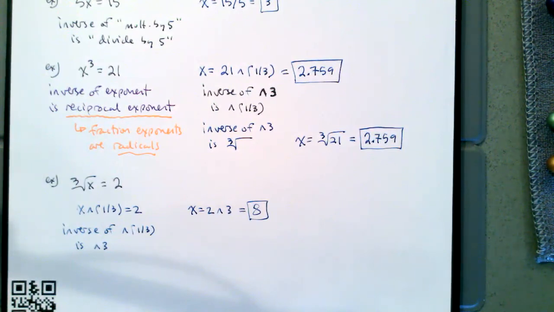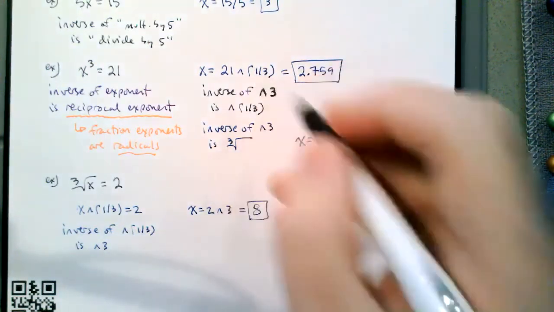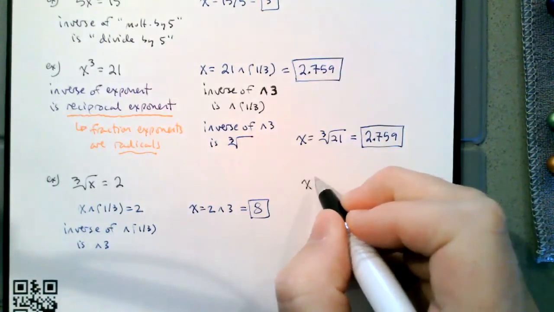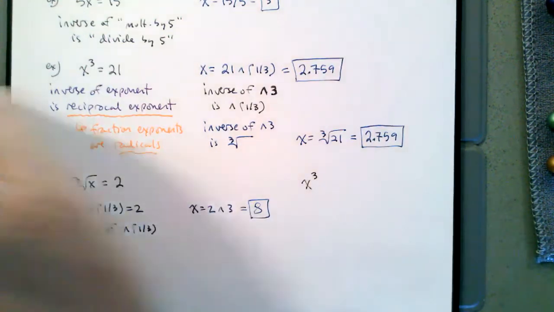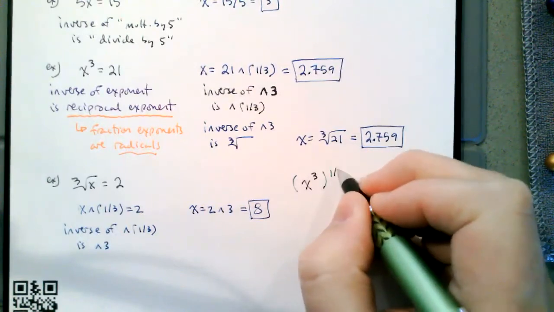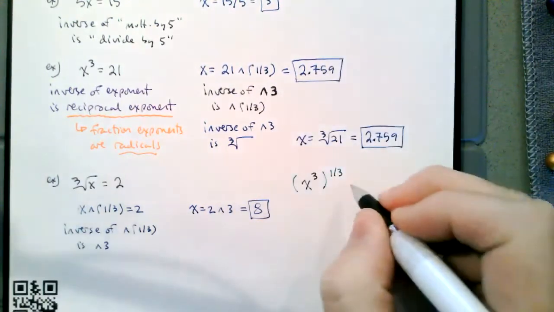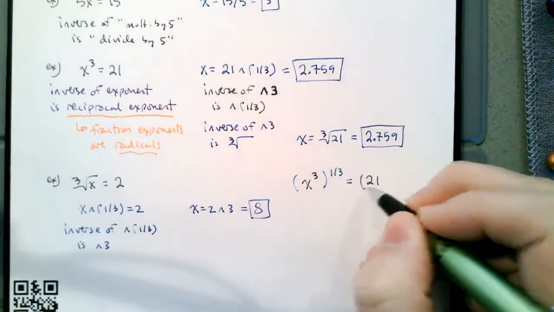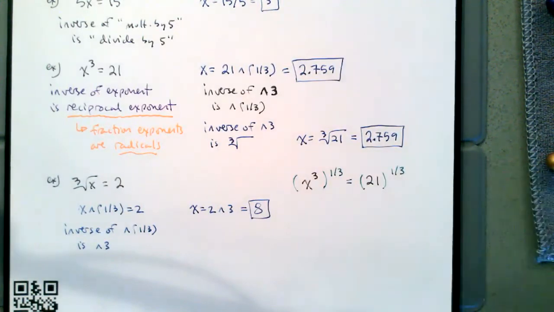For those of you still on the radical train, because you like archaic notation, that's cool. I like archaic notation too, but it makes more sense to use fraction exponents. Because what we're doing is we're still taking both sides to the 1/3 power. If I have an expression that says x to the third, and I raise that to the 1/3 power, and I think about doing this to both sides of the equation, because we always like to say, do the same thing to both sides, but then we need more details, what things to do, and in what order.